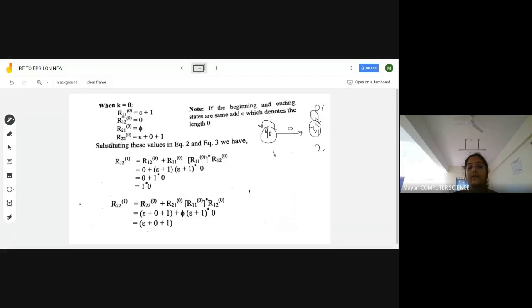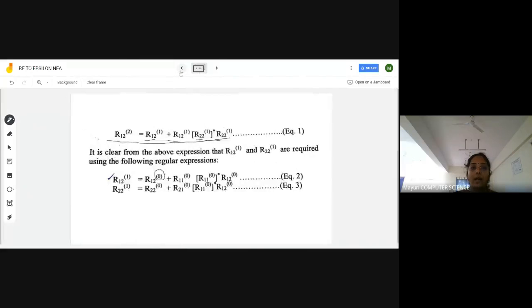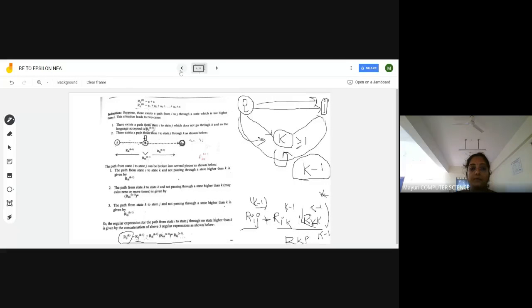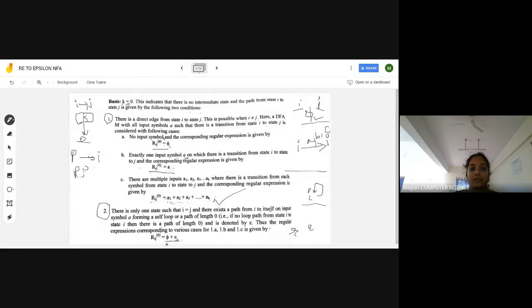Okay, when you travel from 1 to 1, I already told you in the theorem when I was explaining, when you have the self state, you will get the epsilon term along with the input. If you remember or not, I don't know. I taught you that just before now. You see that. i is equal to j. What does it mean?